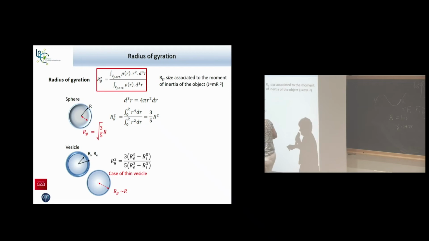For a vesicle, you have a thin layer here. There are an inner radius and an outer radius.